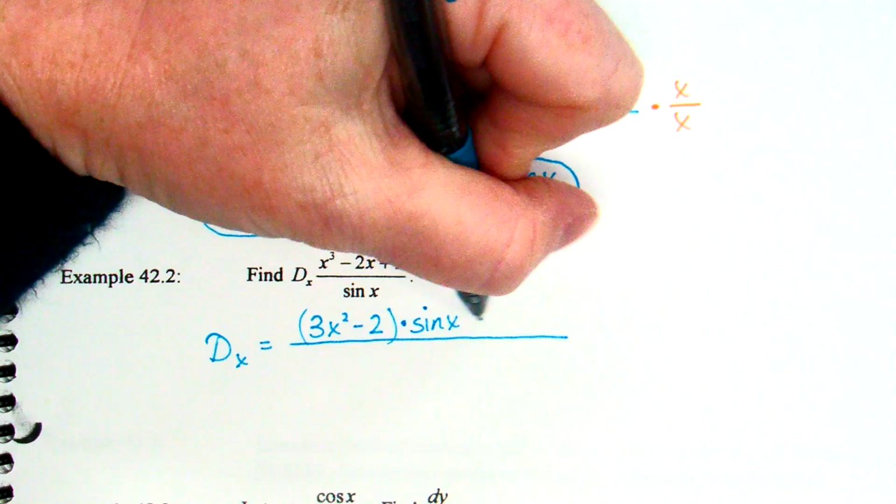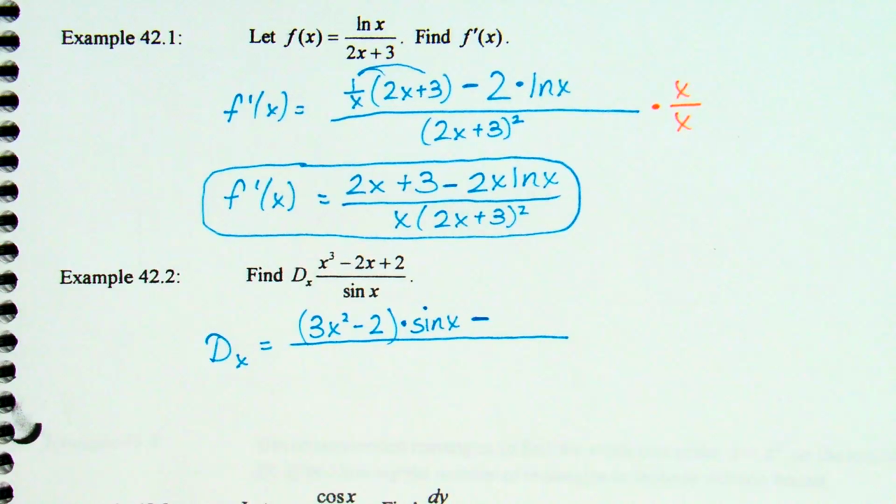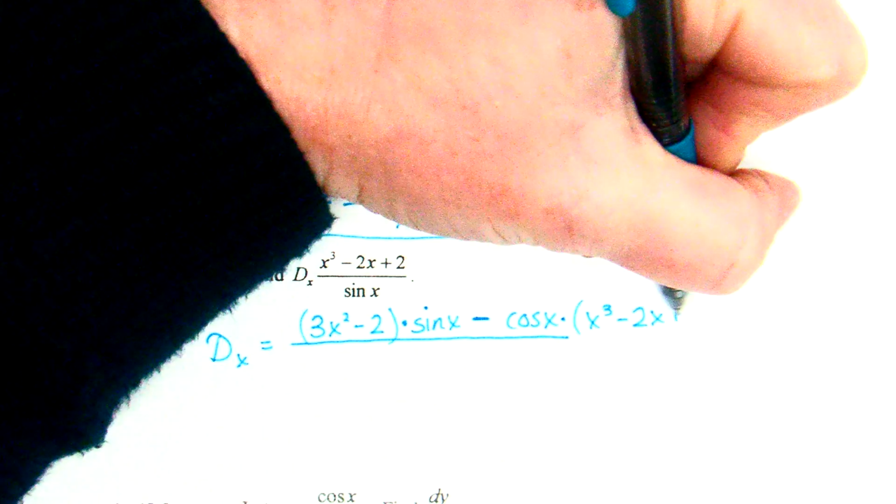Minus sign. Now it's derivative of the denominator. What's the derivative of sine x? Cosine x. Times the numerator as is, x cubed minus 2x plus 2.